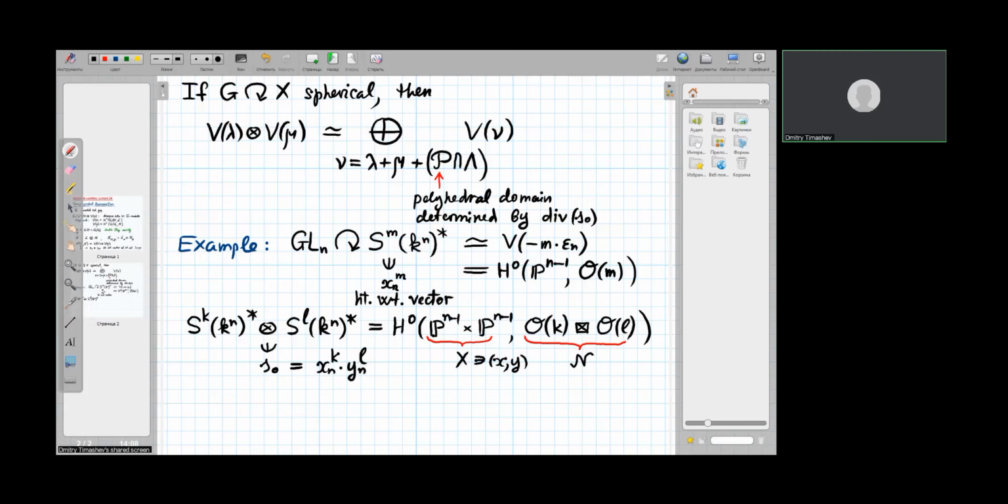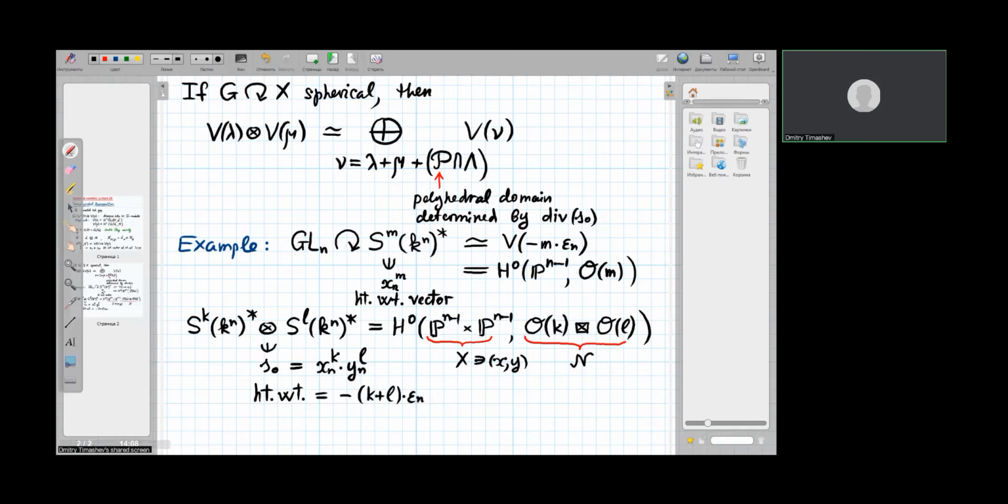And the highest weight is, of course, the sum of the highest weights of these two factors. So this is minus (k plus l) epsilon_n. Okay?